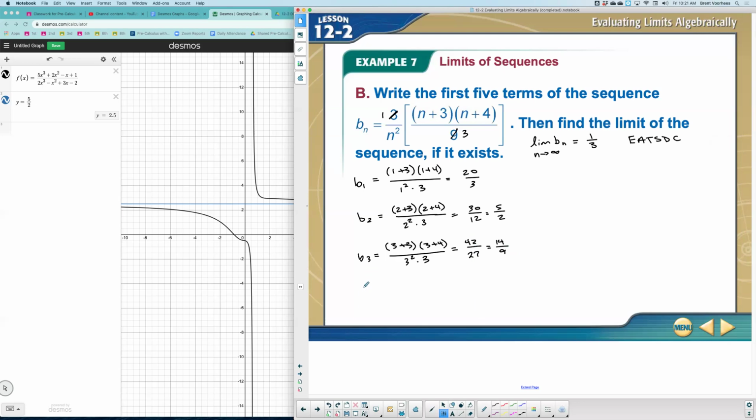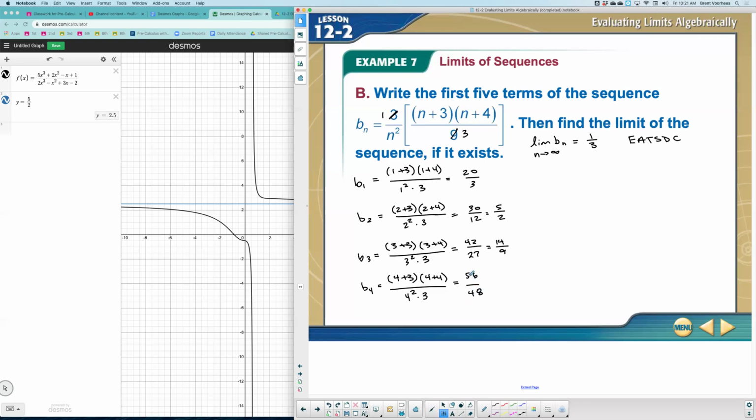Fourth term, 4 plus 3 times 4 plus 4. That's 7 times 8, which is 56. Over 4 squared is 16 times 3 is 48. These could be reduced.